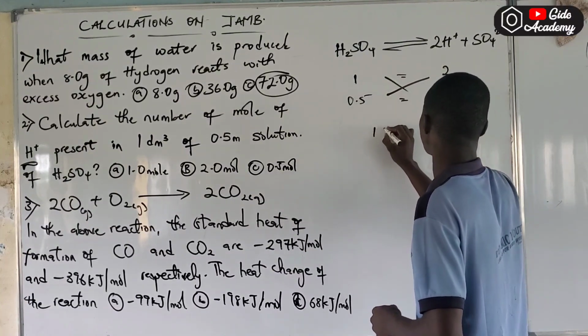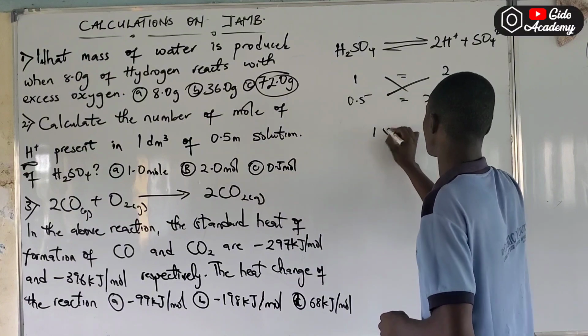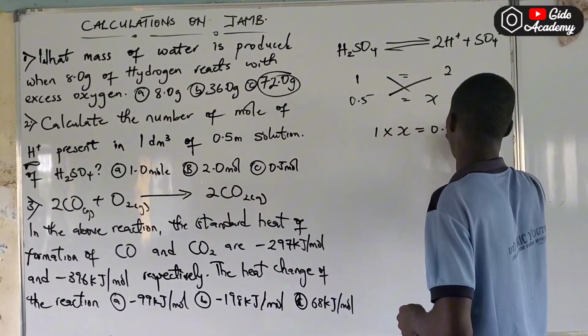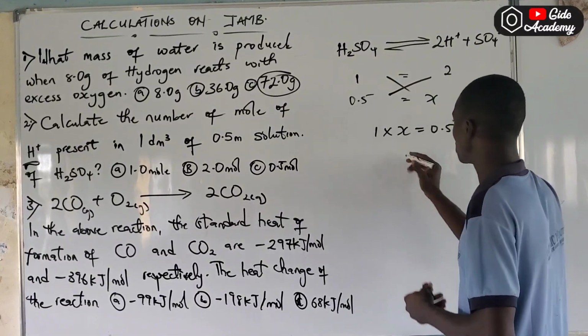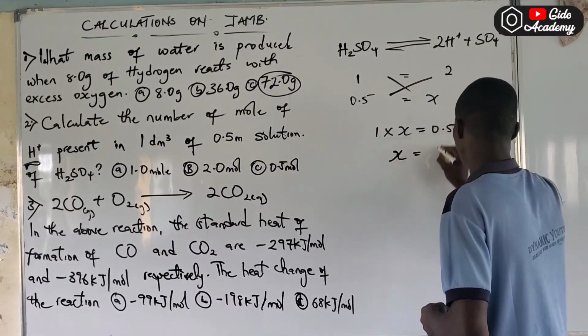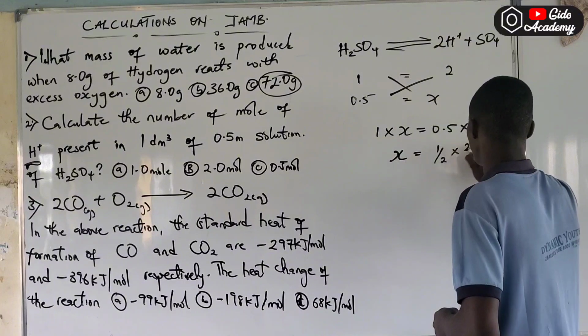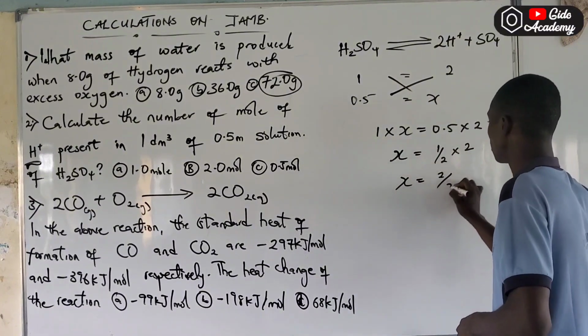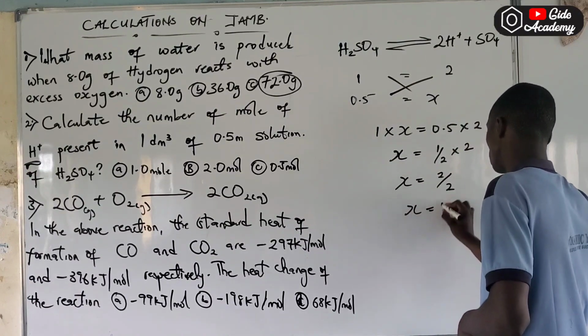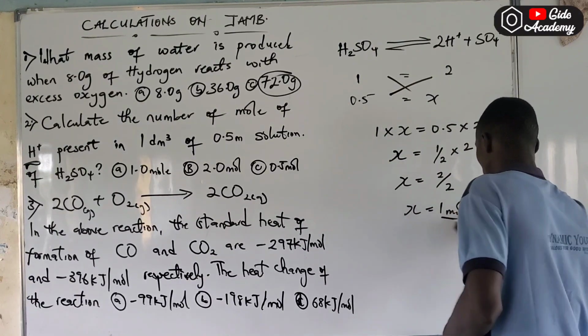I'll have 1 times S is equal to 0.5 times 2. Then this can be written as S is equal to half times 2, since 0.5 is the same thing as half. That can also be written as 1 times 2, that's 2 divided by 2. Then S is equal to 1 mole.